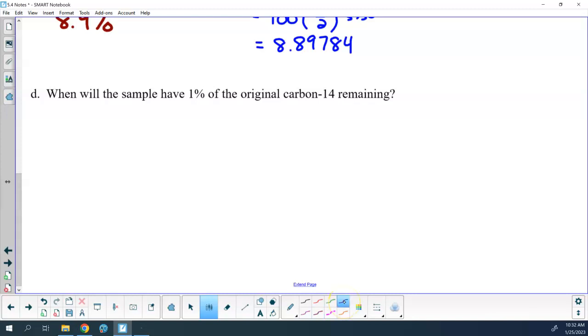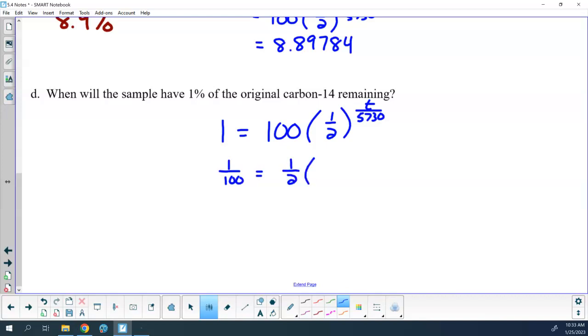So that's going to be 1 equals 100 times 1/2 to the t over 5730. Isolate my exponented term, so I'm going to divide by 100.